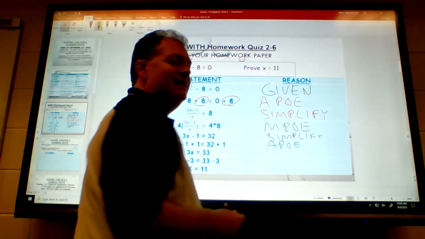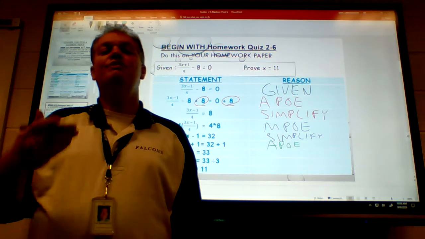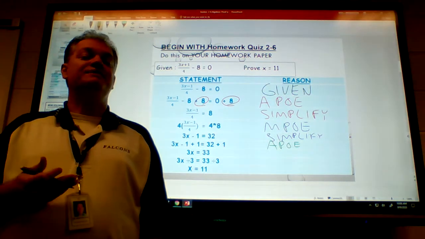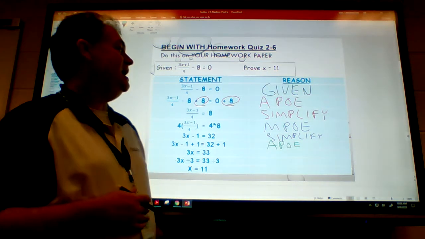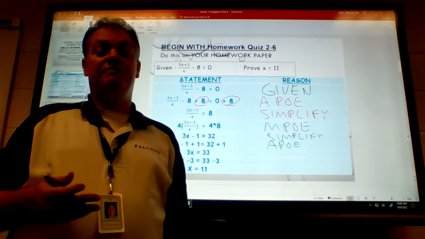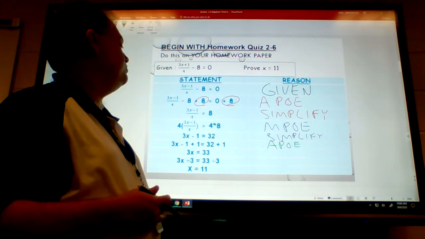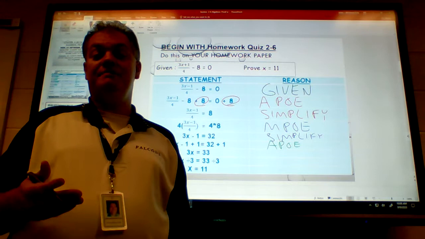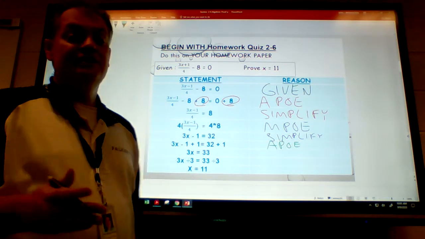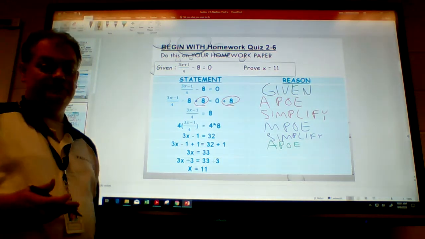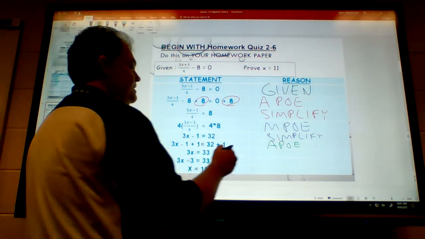Now, here's a question. Can you use the same reason in multiple steps of a proof? The answer is yes. As you see, we're using simplify multiple times. We can use the addition property of equality multiple times. That is perfectly fine. You can use it as many times as you have to. And then we got simplify.